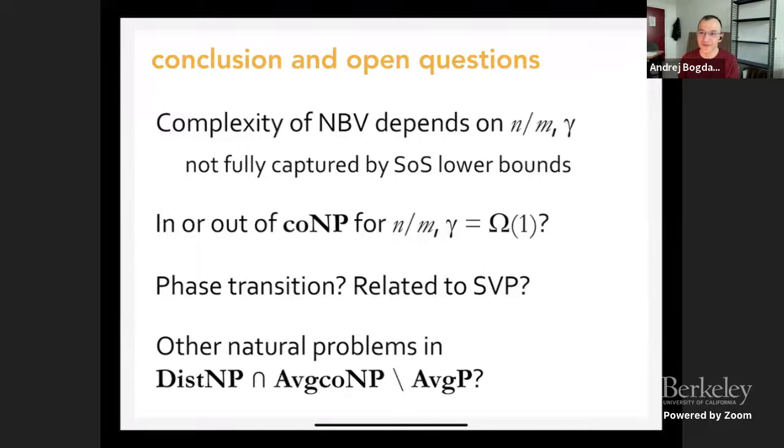For the shortest vector problem, at least there is some NP hardness in the worst case that people use to argue that you cannot solve those kinds of problems. Here, even the worst case problem, as far as I know, is not very well understood. So I suspect that the answer is no, but I don't know why. What would you base the hardness on? The first thing I would like to know is the worst case version of this problem: for these parameters, is it NP hard? I don't know.